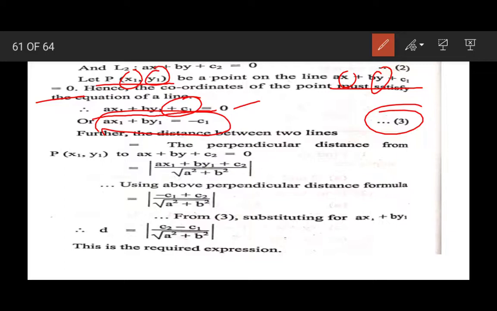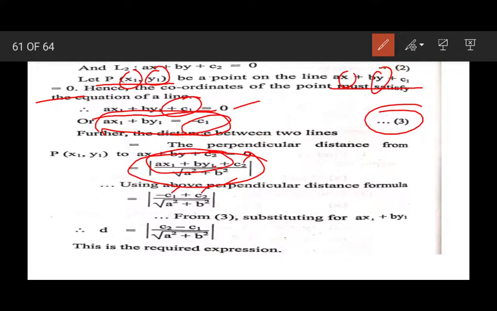Then from the previous formula, since P is a point outside the line L2, by using the previous formula we get D is equal to ax1 plus by1 plus c2 upon root of a square plus b square. But ax1 plus by1 is minus c1.